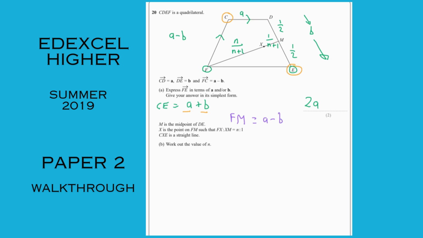A minus B. We go C to D, which is A. And we go D to M, which is a half of B. Let's tidy it up. 2A minus a half B. That's the key. That now helps us consider the journey from C to X.